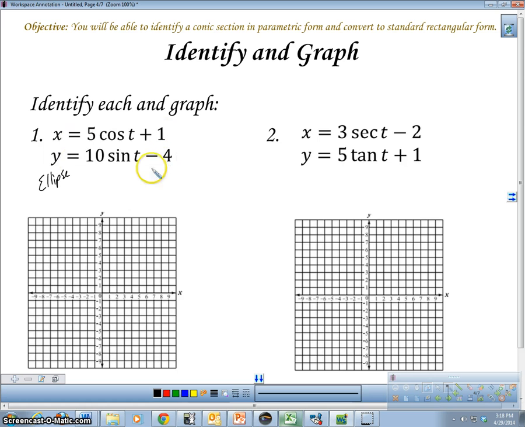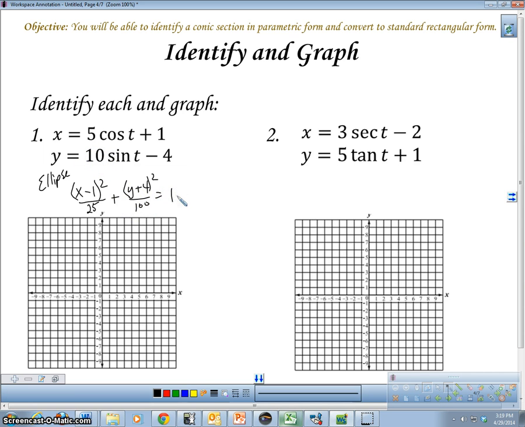Now if I wanted to convert this into the rectangular form, I would just go x minus 1 squared over 5 squared is 25 plus y plus 4, because remember I'm adding 4 to this side, squared over 100 equals 1.